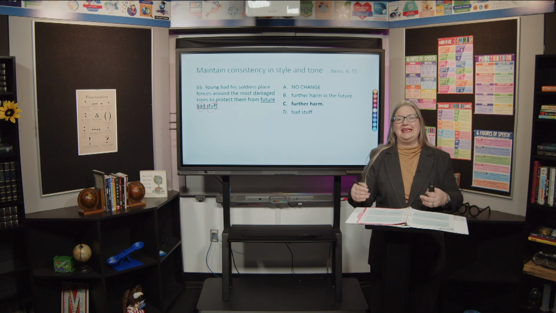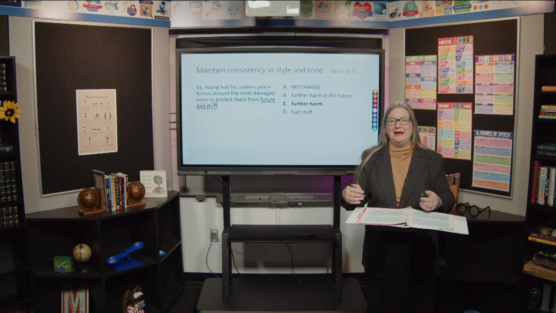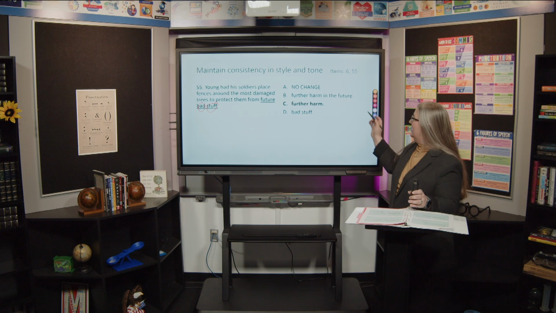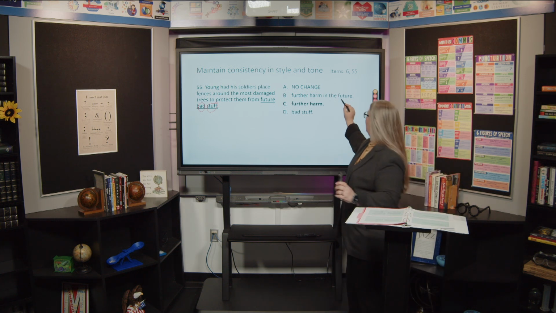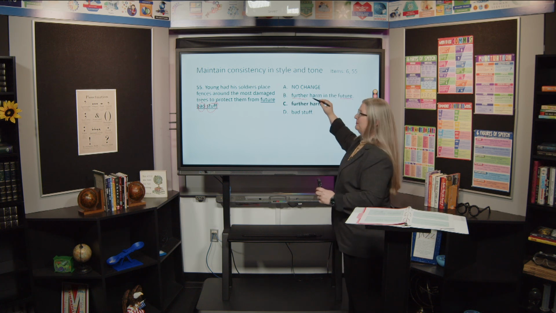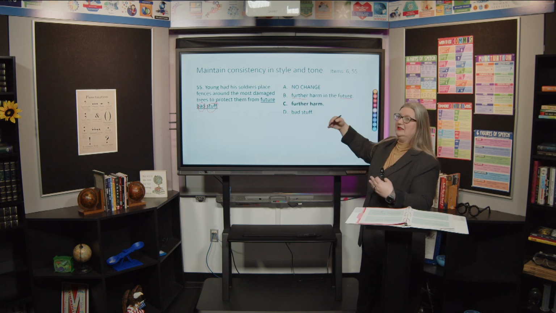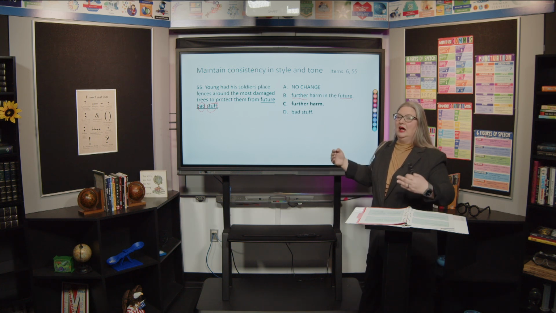But in an essay, let's look at the best way to maintain the style and tone, that formal tone of this essay. Our choices are further harm in the future. Well, further and future basically are stating some of the same thing, because if it's further harm in the future, it's additional harm in the future.